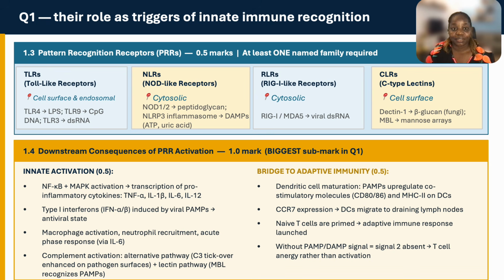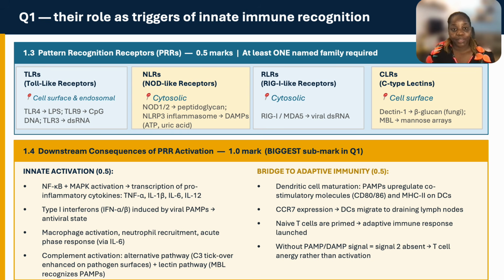Actually, it's about being precise. As a biomedical science student, a future clinician, you need to know, for example, that toll-like receptor 4 will recognize LPS. You need to know all those details.